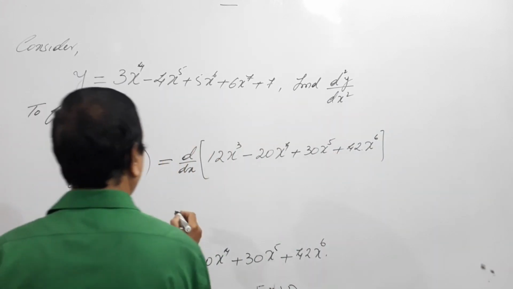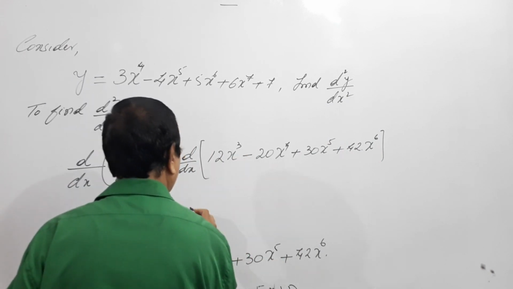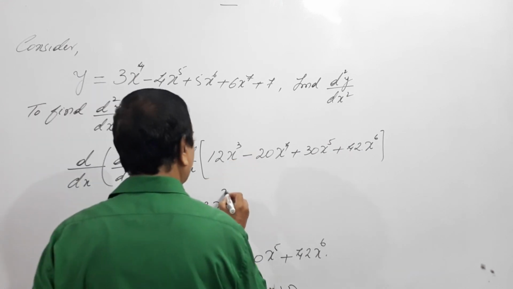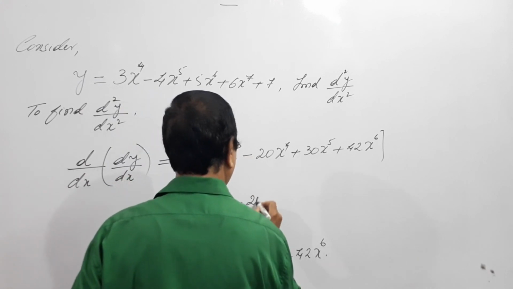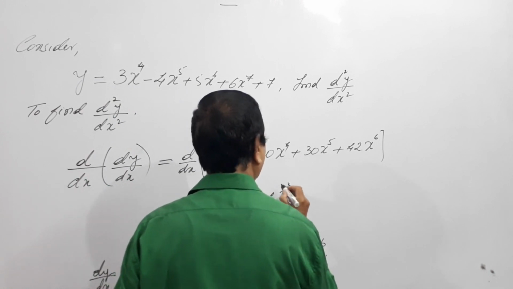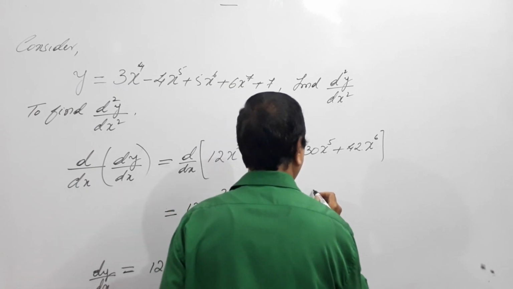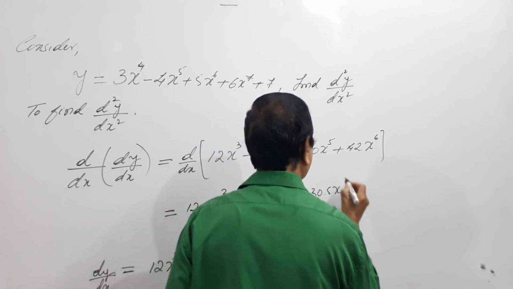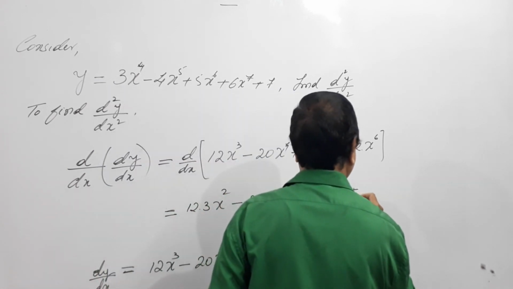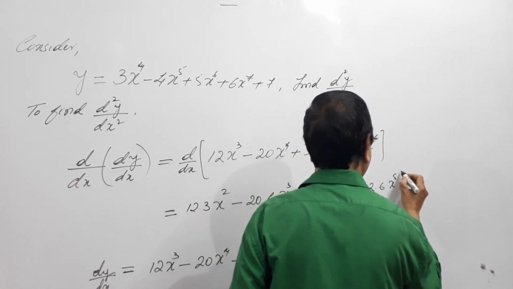So what happens to this? This becomes 12 into 3 x to the power of 3 minus 1, that is 2, minus 20 into 4 x to the power of 4 minus 1 is 3, plus 30 into 5 x to the power of 5 minus 1 is 4, plus 42 into 6 x to the power of 5.